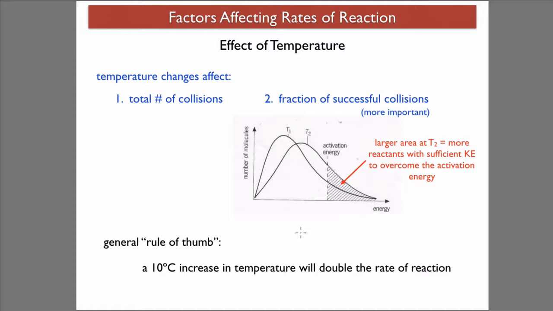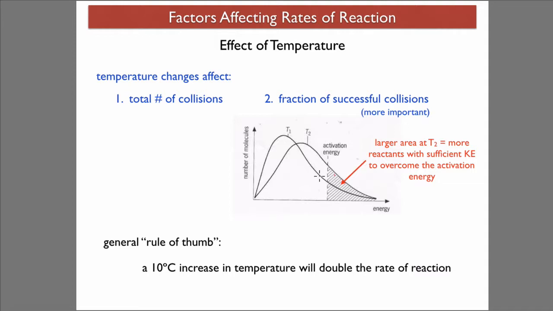The temperature change affects the total number of collisions. This is kind of obvious. If the molecules or particles are just moving around quicker, they're going to hit each other more often. Secondly, the fraction of successful collisions will be higher too. So they're hitting each other more often, and when they do, more of these collisions are successful.